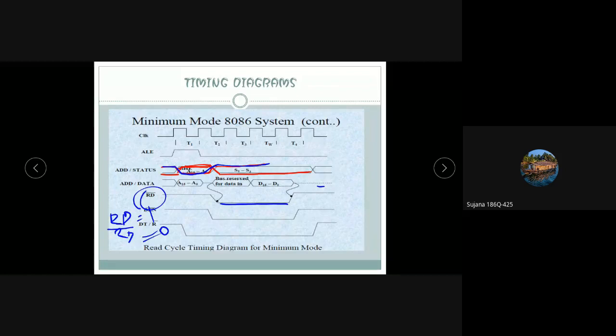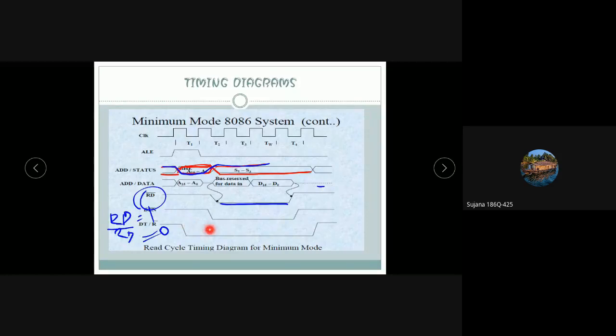That means if there is data only, then the microprocessor will be able to read the data. So data availability is how it understands the data. Whenever the read bar is activated, DEN bar is also activated, and whenever the read bar goes low, DEN bar also goes low.